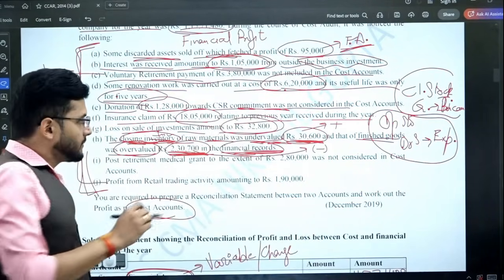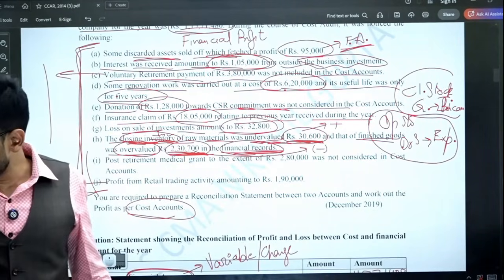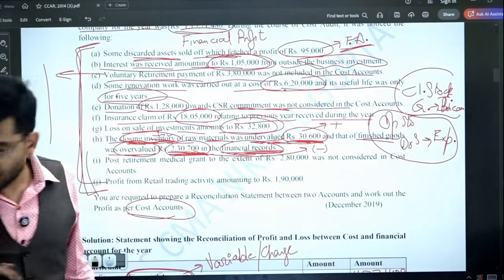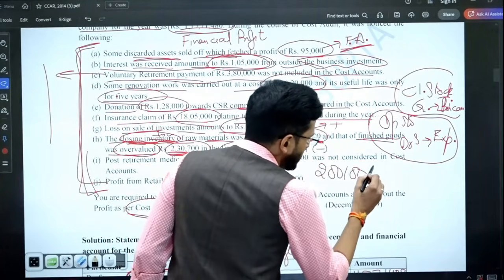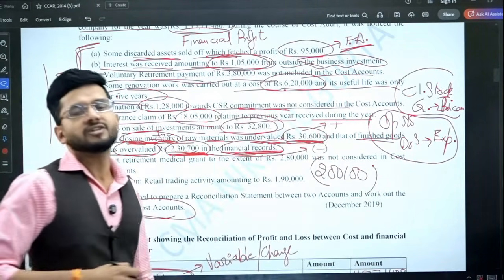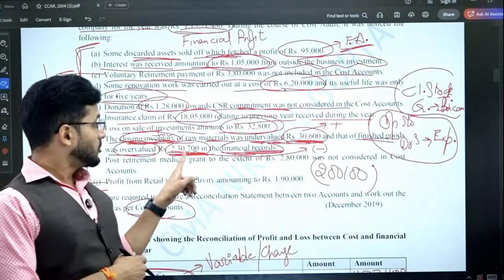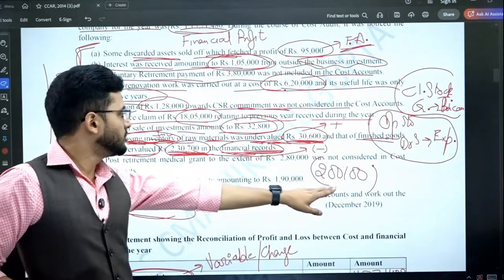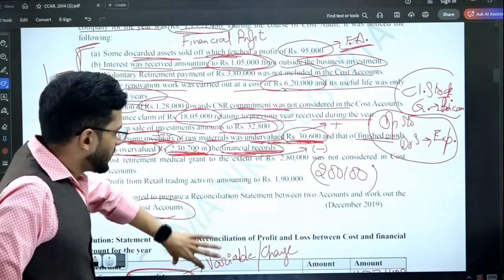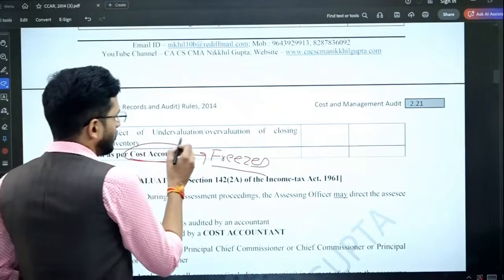If we net off both of them, then 2,30,000 minus 30,600, the net figure comes out to 2,00,100 (sic). This is required to be reduced from the financial profit. We are doing set off. This amount is required to be reduced, this amount is required to be added. So net we need to reduce that amount. So we are going to set off both the adjustments and write one adjustment which is reduced over here.